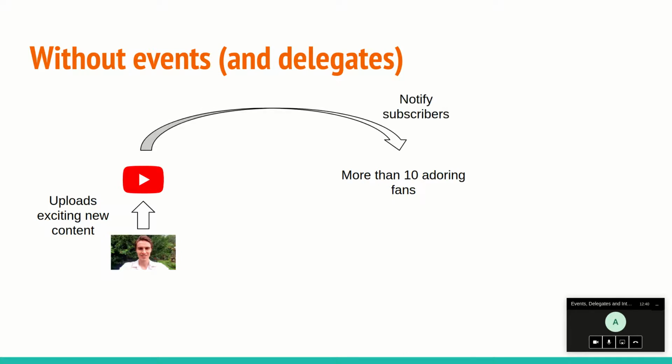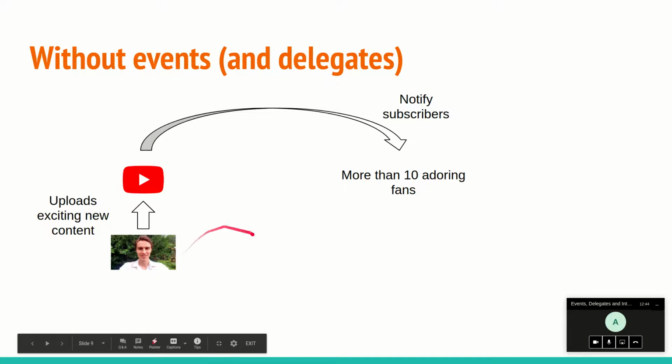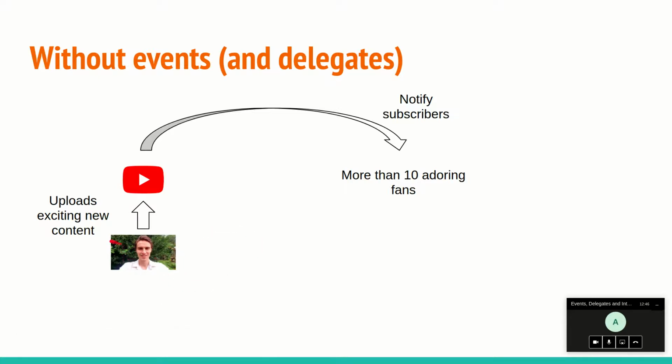We created this diagram in code. The content creator would upload a video through our video uploader class, and the object of that class would notify the creator when the video was uploaded, and would also notify our subscribers.